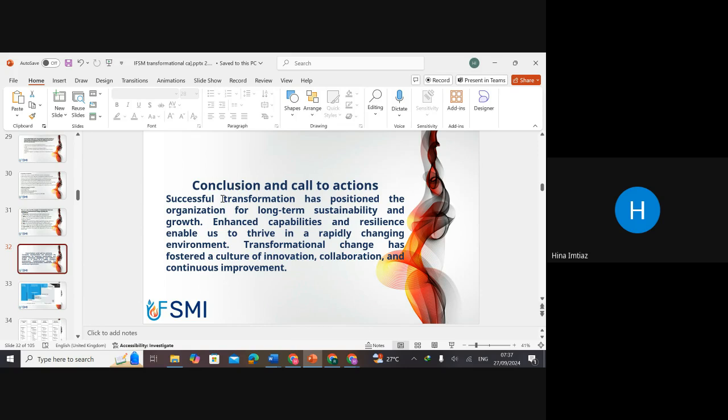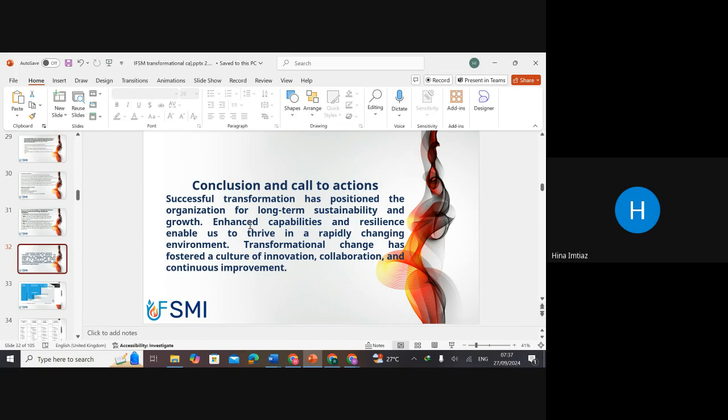So basically, a successful transformation has positioned the organization for long term sustainability and growth. By adopting such transformations, an organization will get long term benefits, and its growth will increase day by day, and ultimately this will benefit the organization, the environment, and the entire planet as well.